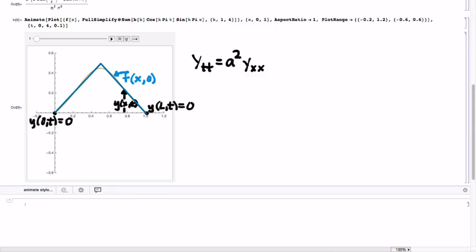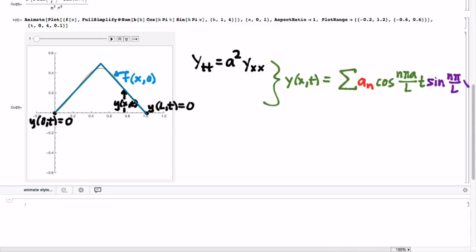The idea being that we know that solutions of this boundary value problem are going to take the form y of x and t equals some gigantic sum of some constants that we need to talk about today, times a time dependence that looks like cosine of n pi a over L times t, times a space dependence that in this example looks like sines of n pi over L times x.